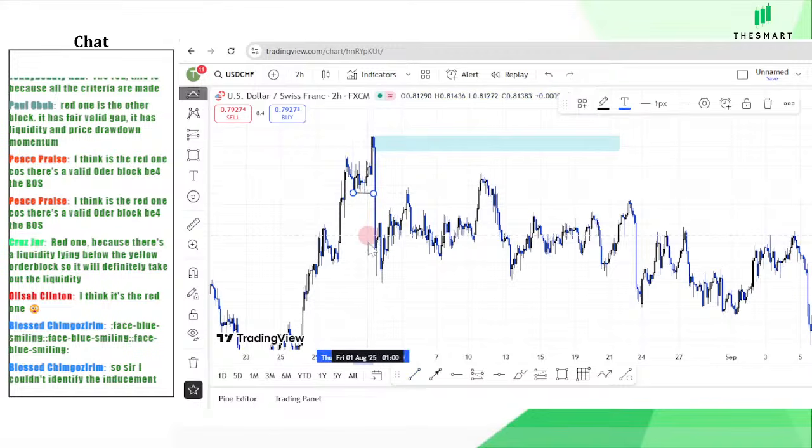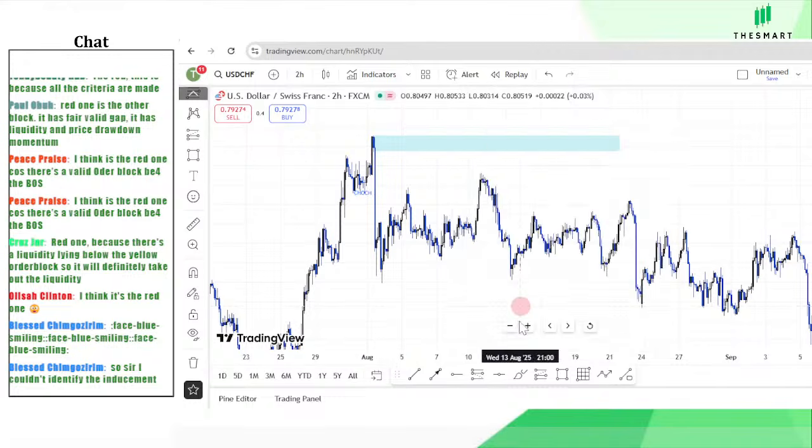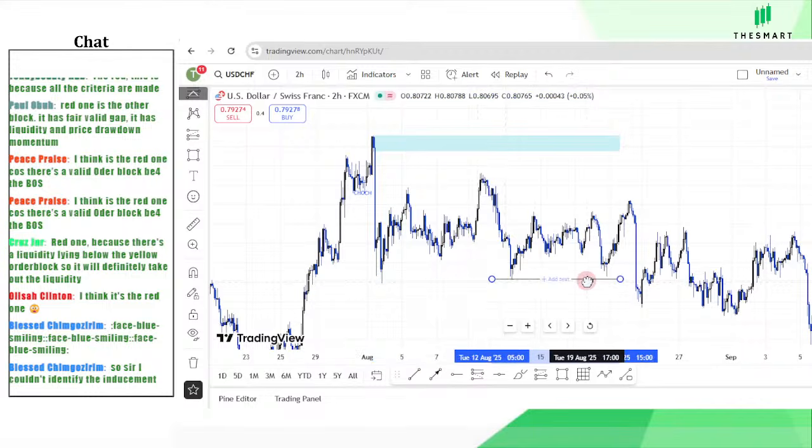After having a change of character, let's get to see. We have this sweep, and price eventually took out the low at this point.